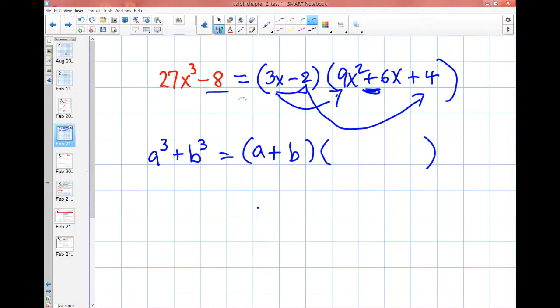Then over here, take the a and square it, take the b and square it. Of course, when you square, it's going to be positive. And then take the product of the two, ab, and make that your middle term. And then this sign right here is the opposite of that one, so we minus. So that's the factoring of the sum and difference of two cubes.